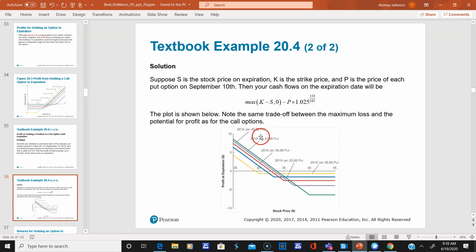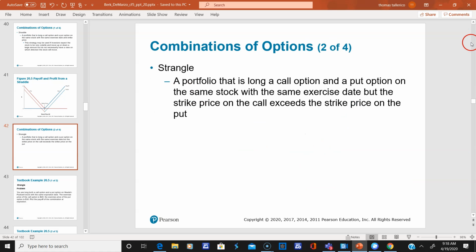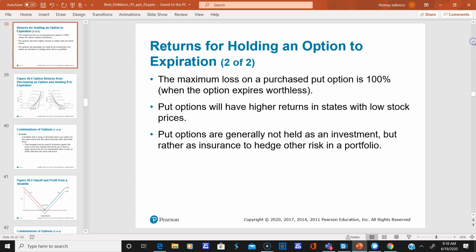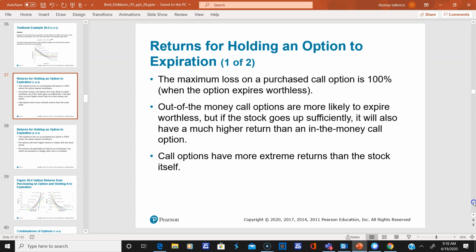And here's the same curve for a put option, okay? Again, here are the premiums. That's why these are negative. This is the profit curve again. So the maximum loss on a purchased call option is 100% when the option expires worthless, right?